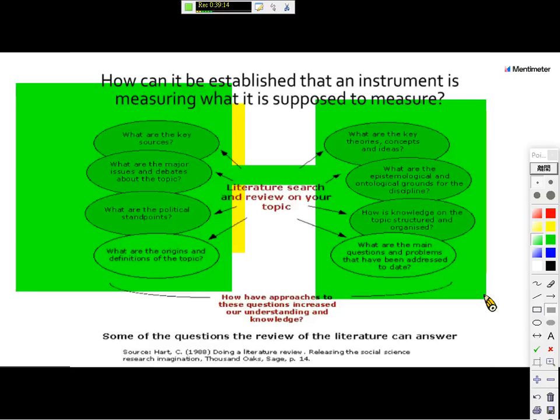And teachers cannot teach you. You have to educate yourself, okay? So that's why we say these are some of the questions the review of the literature can answer. There are many others. Whenever you have questions, go there and read, okay?